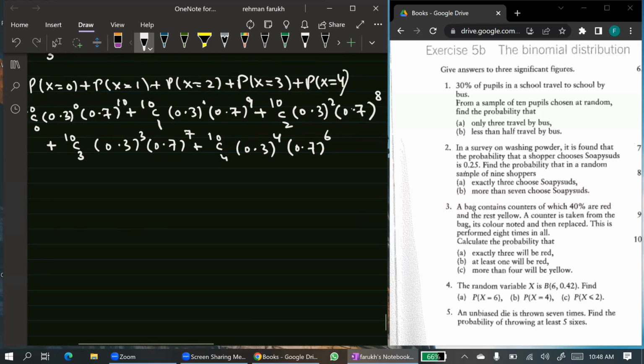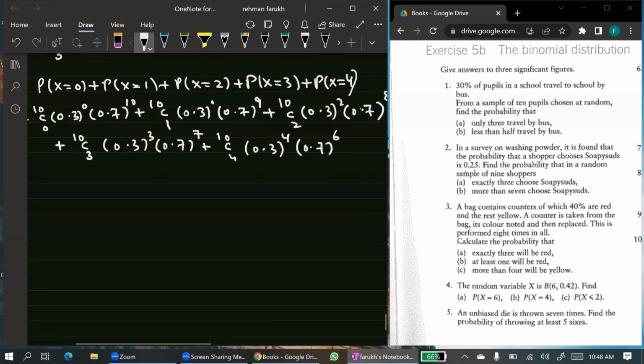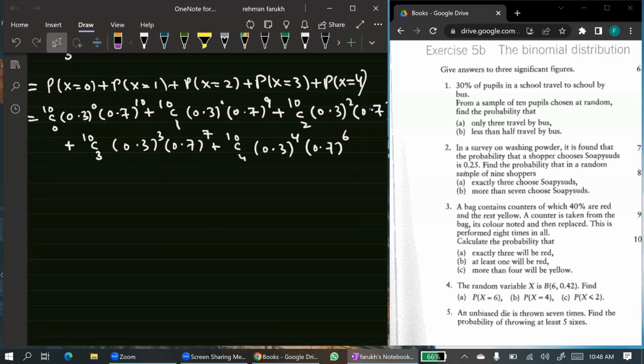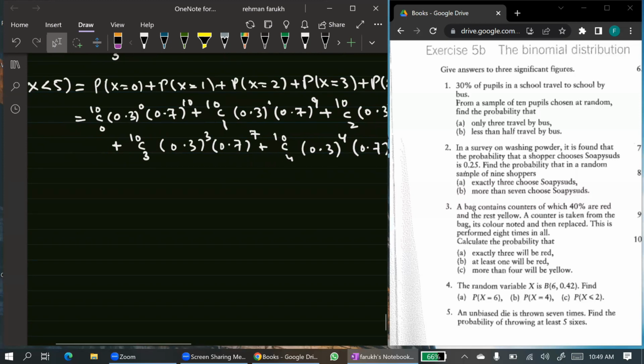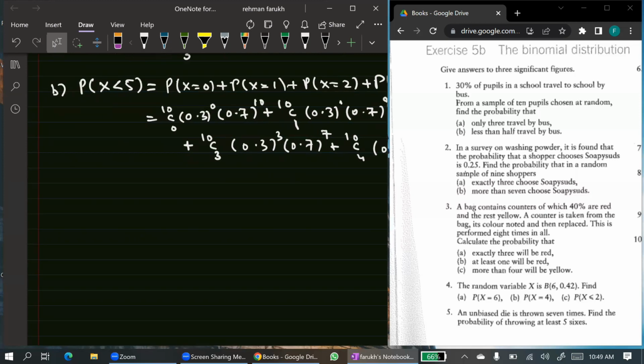Now we will put the whole of this expression into the calculator and get the final answer. There is no need to calculate the probabilities separately and then add them. Just put the whole expression in the calculator to get the final answer.